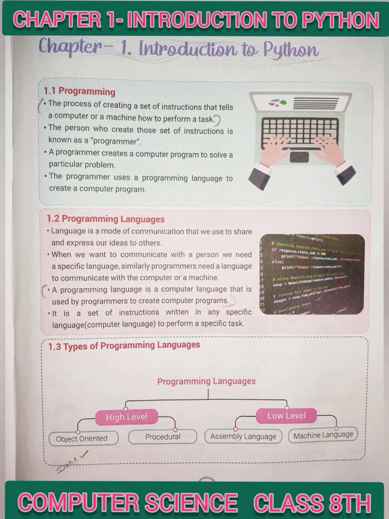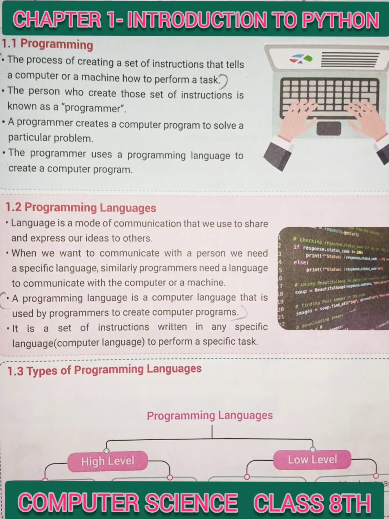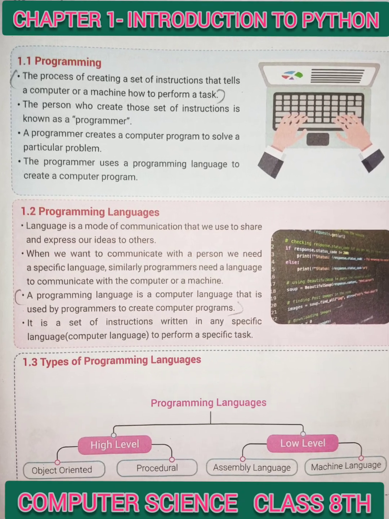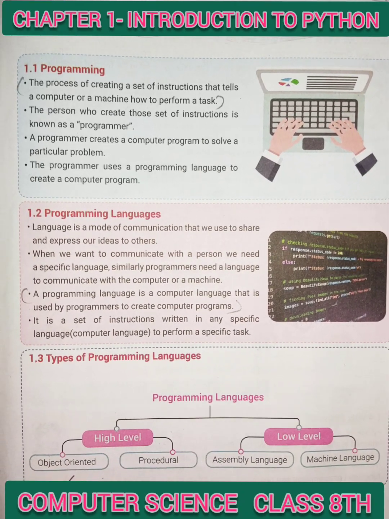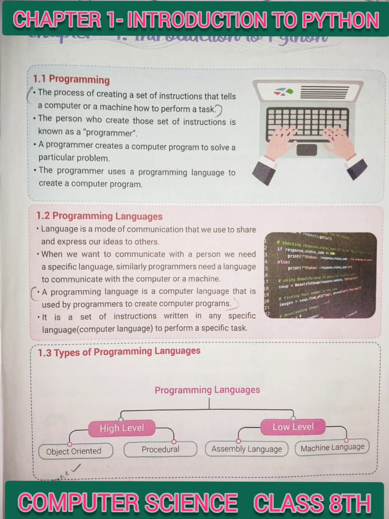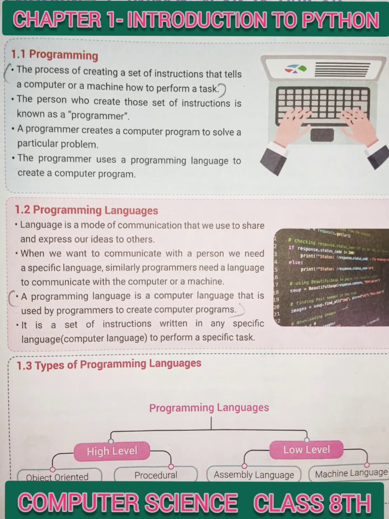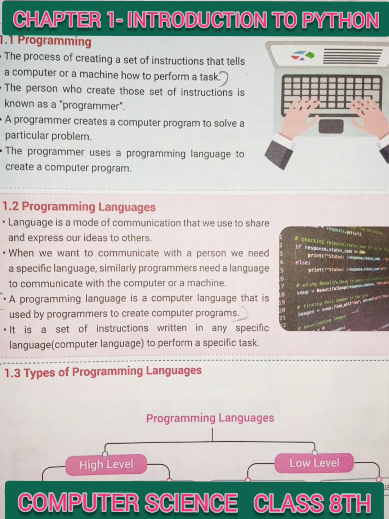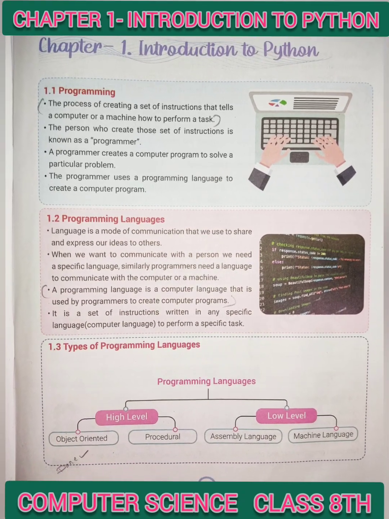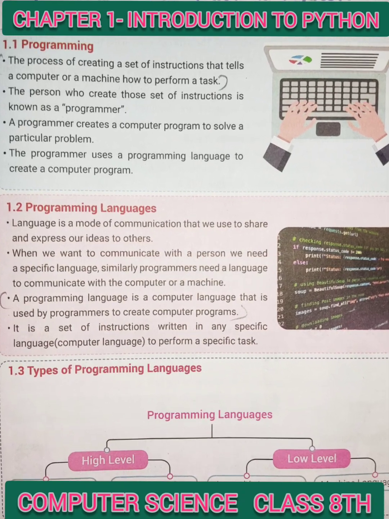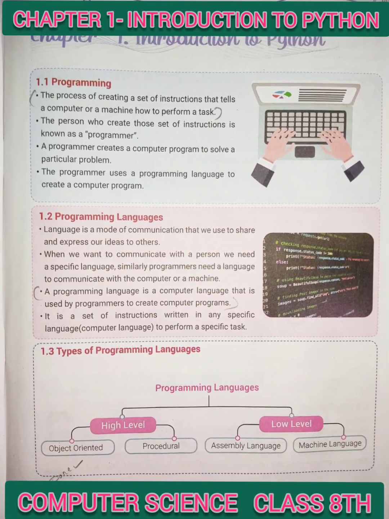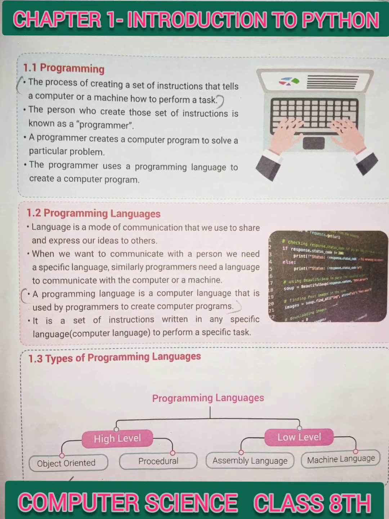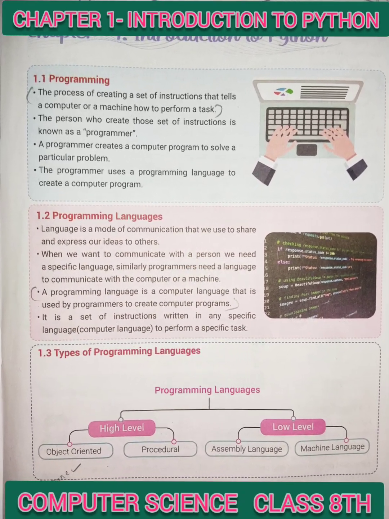Next point, a programmer creates a computer program to solve a particular problem. Assume that one problem is there. If you want to solve that particular problem, you must create a programming language.